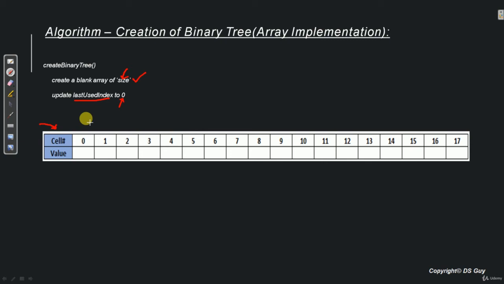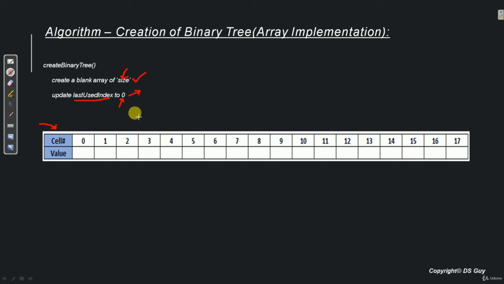We'll see that in the insertion video. As of now, just keep it simple: this variable needs to be initialized with 0. So now we have a blank array created to store a binary tree. Right now the tree is an empty tree having no node in it.